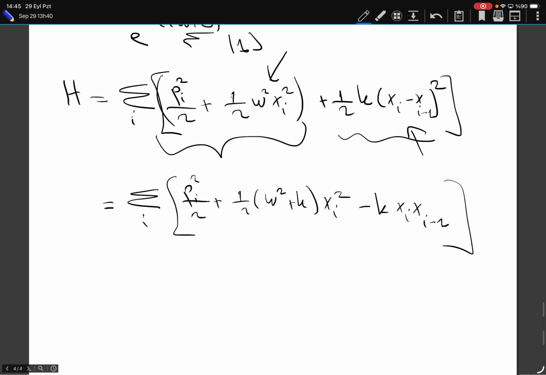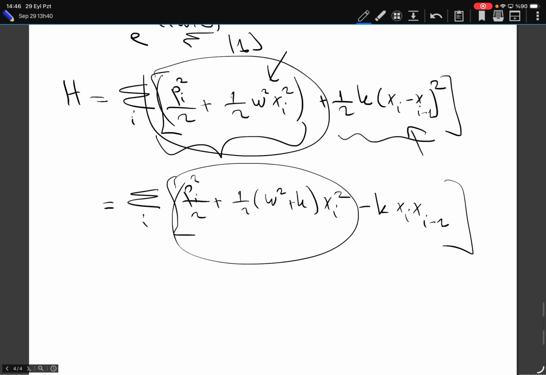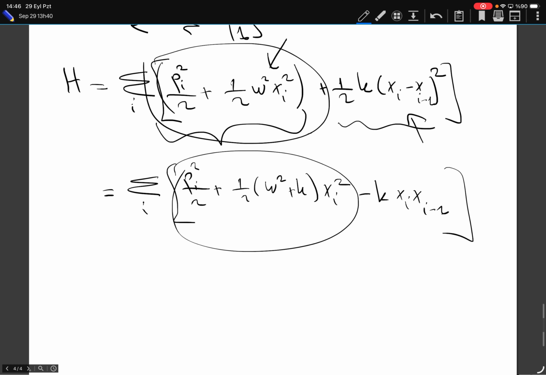So when you want to define the A and A dagger operators, you can use these two, or you can use these two. Well, I will use these two.